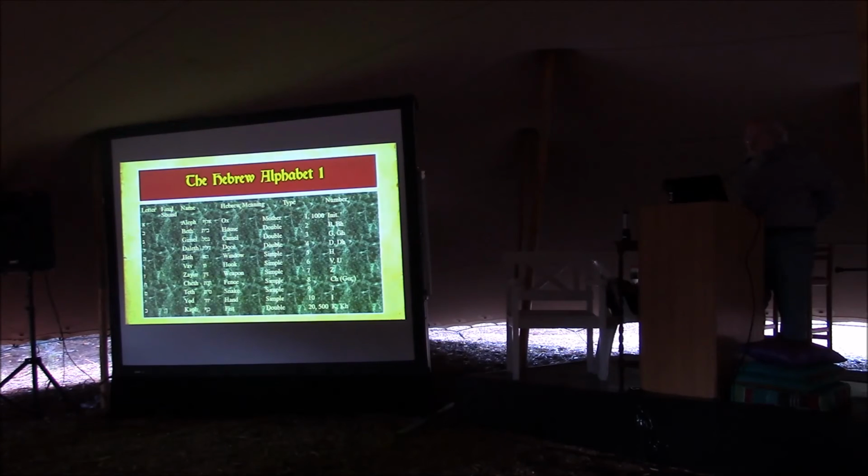It suggests a very approximate date for the birth of the alphabet, because the Hebrew alphabet is a variation on the Phoenician alphabet, which is part of a group of alphabets that are called Paleo-Semitic.